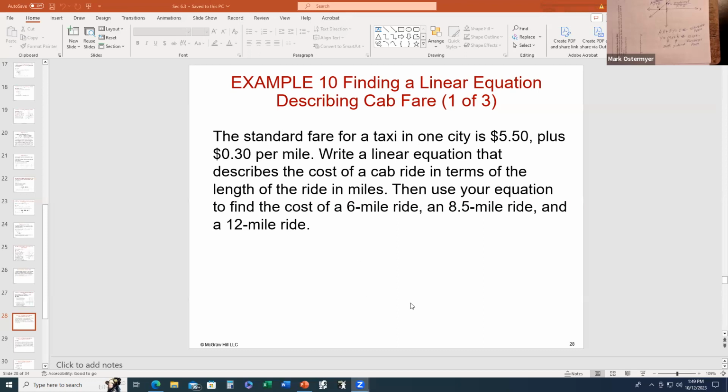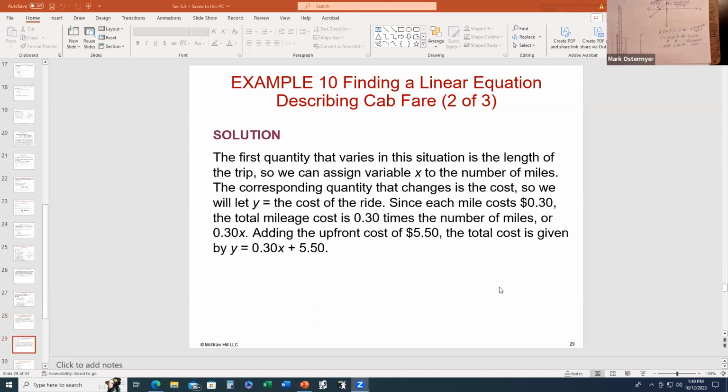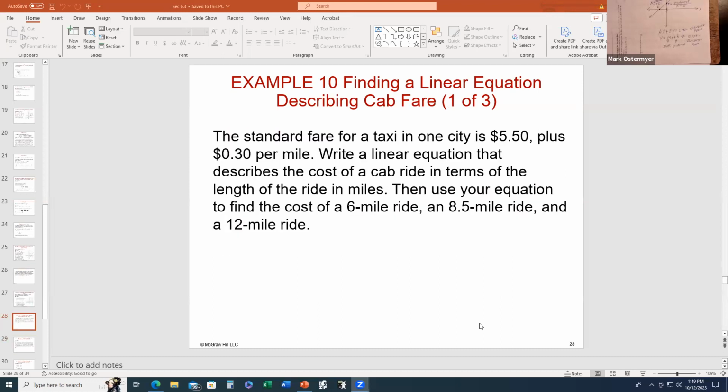Here we go. To model this with a linear equation, ladies and gentlemen, I'm going to let y be equal to the cost of the cab fare, the total cost. Cost is money. I'm going to let x represent the time that I'm in this cab.